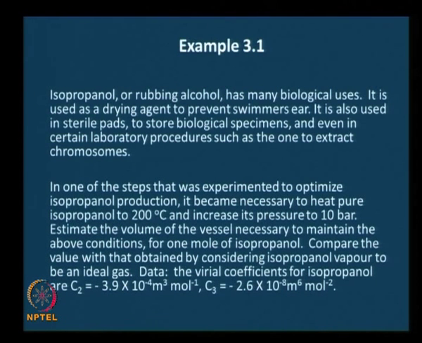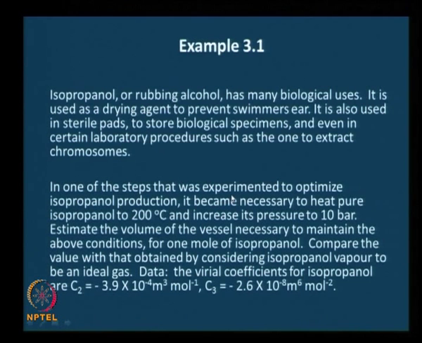It is also used in sterile pads to store biological specimens, and even in certain laboratory procedures such as the one to extract chromosomes. So, it has very many applications, and you will find that we will be using isopropanol as one of our model substances for presenting the applications in this course. We will use it quite heavily.